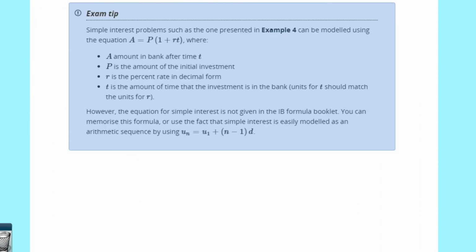The equations match. Okay, so interest problems. We have A equals P times 1 plus RT. This is not given in the IB booklet, but we can think about it. It's easily modeled after that arithmetic sequence.